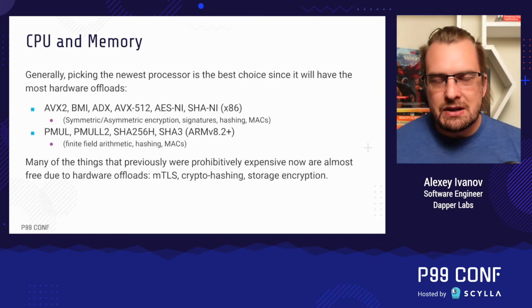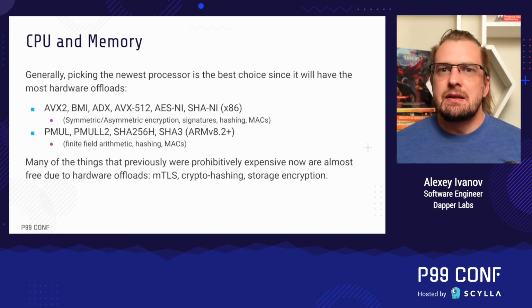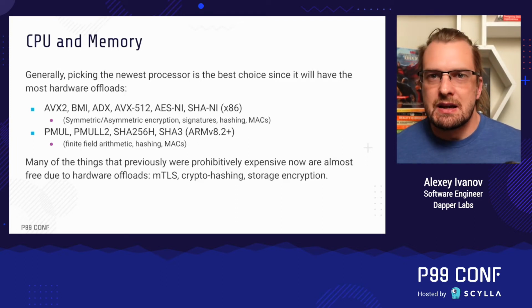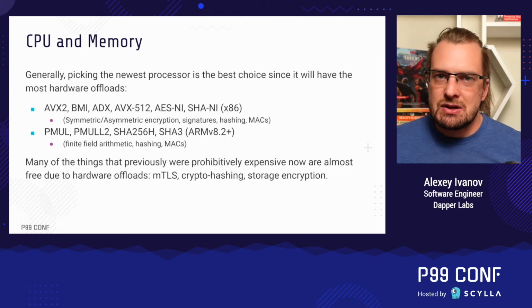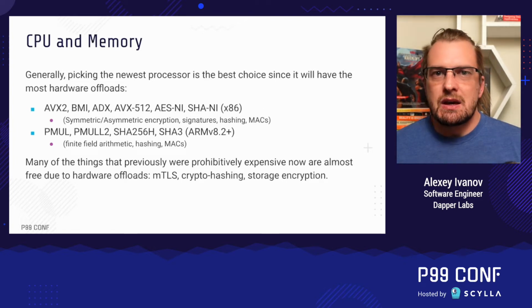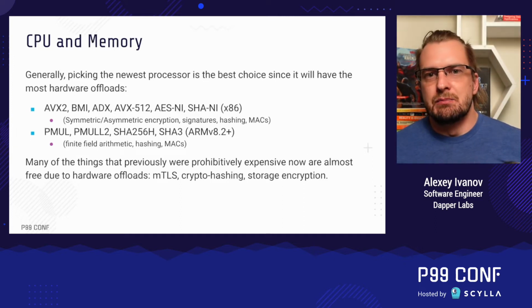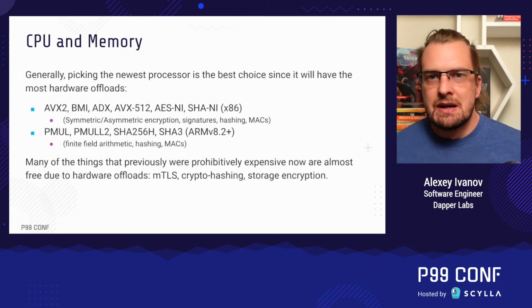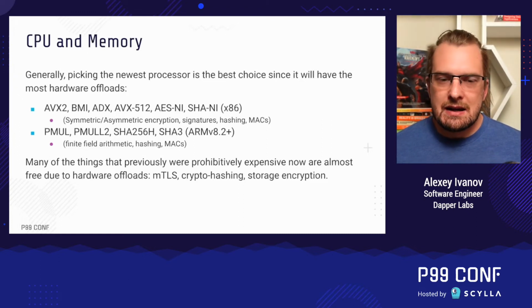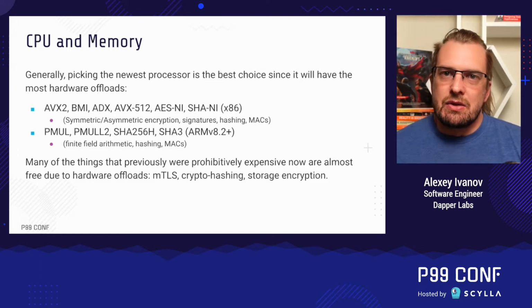And offloads are actually a game changer because some of the things that were not possible without offloads are now possible. Things like encryption everywhere. Encryption with AES-NI is pretty much free. mTLS and certificate verifications were very hard previously. Now with AVX2 and ADX, they are getting easier and easier on the hardware.